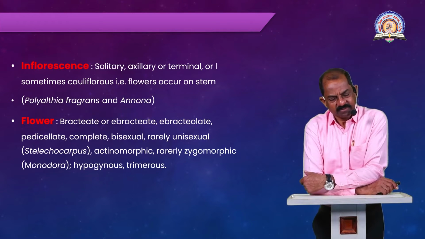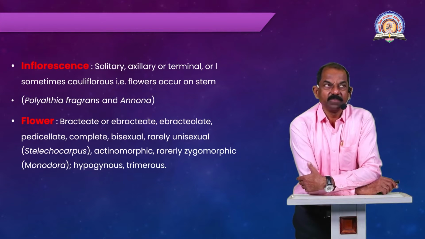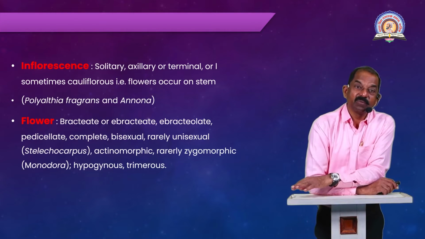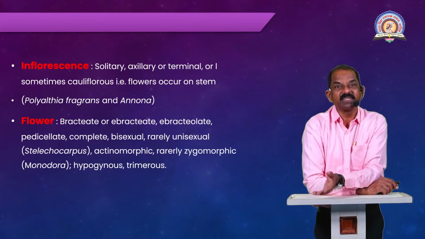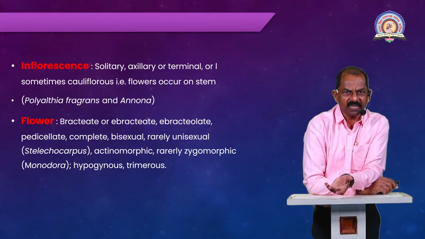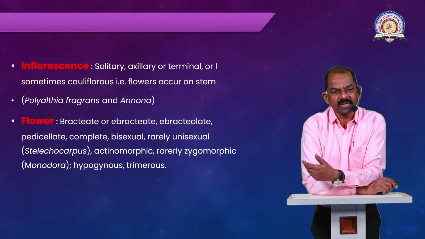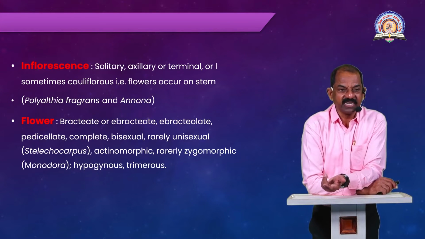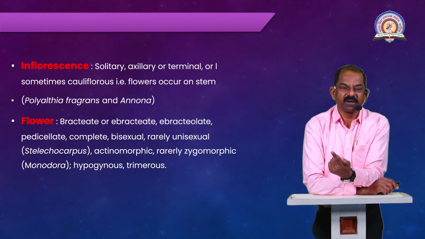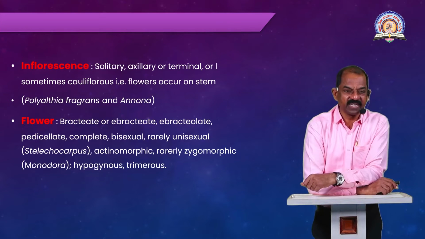Flower sometimes means they may be bracteate, they may be ebracteate. In some cases, bracteate flowers are there. In some cases, ebracteate. Presence of bract is bracteate, absence is ebracteate. Maybe ebracteolate. Pedicellate, having a small, we will say a long pedicel.